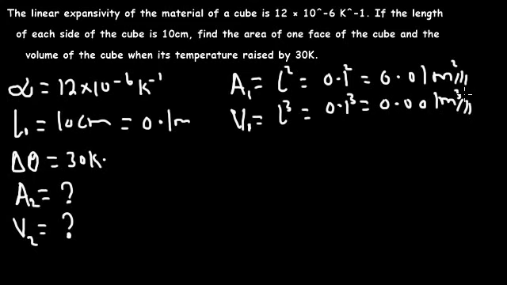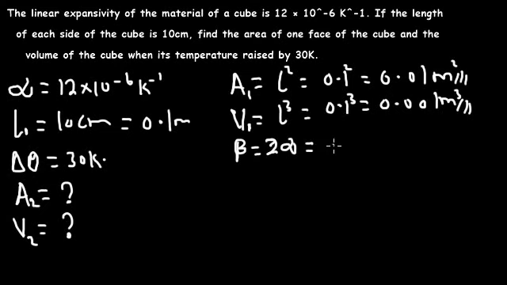Now, if you could recall, there's a relationship between linear expansivity, area expansivity, and volume expansivity, and that is that the area expansivity, which is represented as beta, is equal to 2 alpha, which is 2 times the linear expansivity.